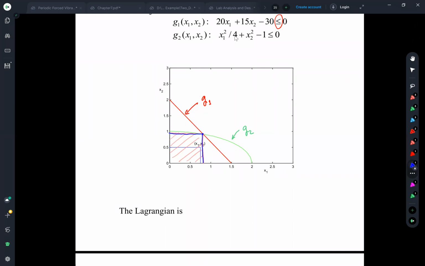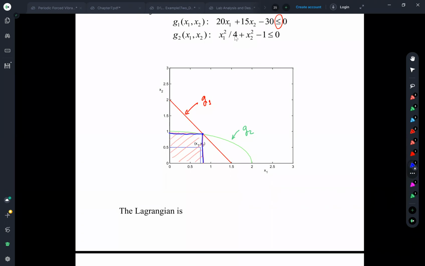The point that provides the maximum area in this particular case is on the intersection between the linear curve and the ellipse function, I mean the red and the green.